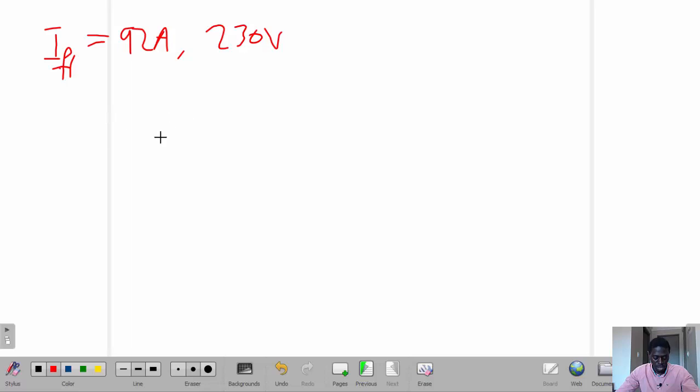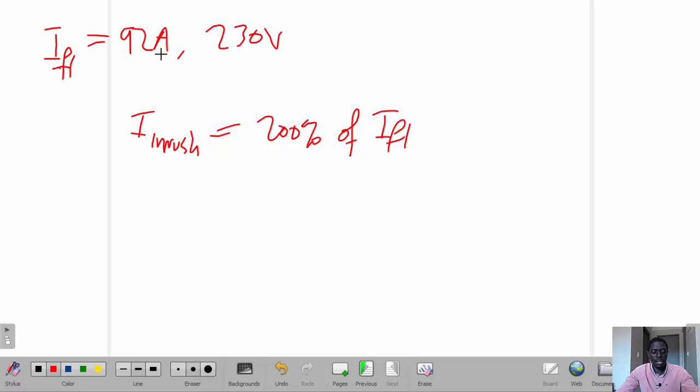So the inrush current is equal to 200% of the full load current, which is 92. Solving this, we have 200 over 100 multiplied by 92 to give us 184 amps. That's our inrush current.